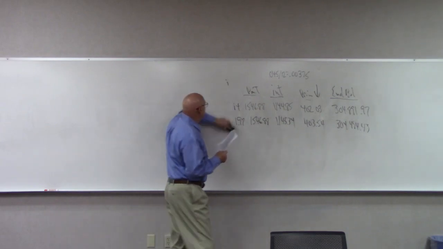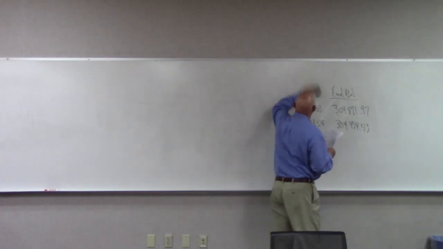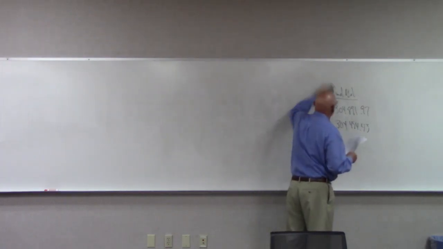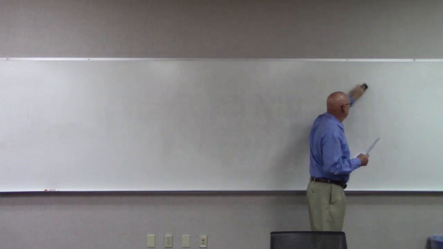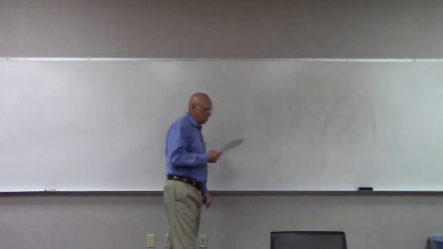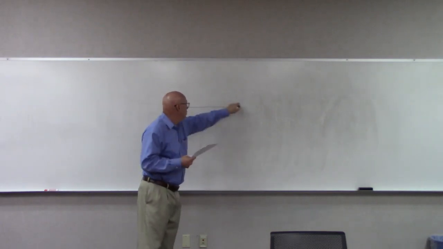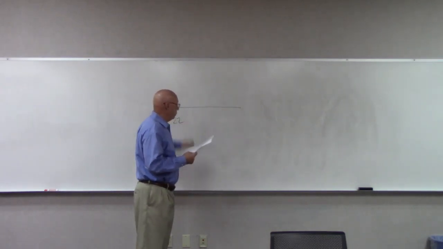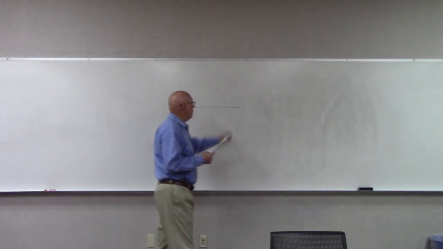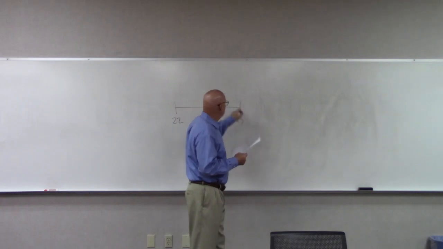Let's do a little retirement planning. And this will be on the final too, both of these types of problems, because these are life skills. This is not theory. This is life skills stuff. You're setting up a retirement plan, you're 22, and we want to retire at age 65, and we hope to live for 20 years.